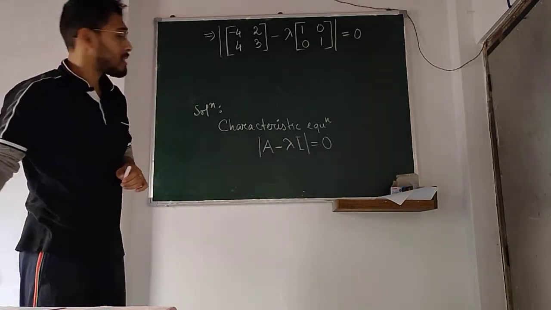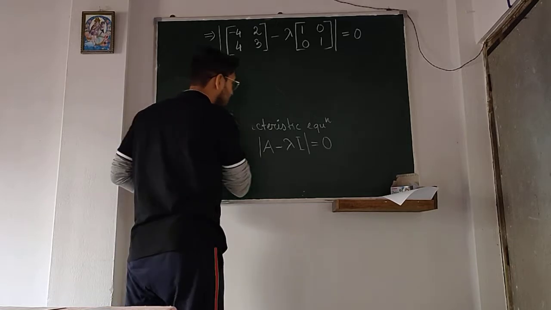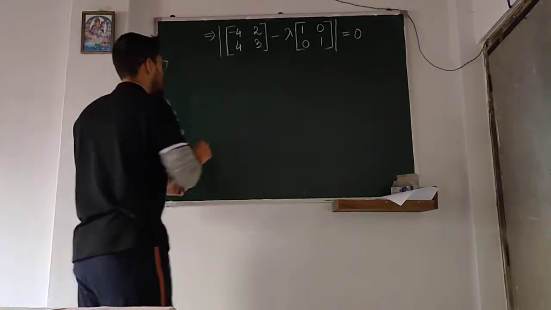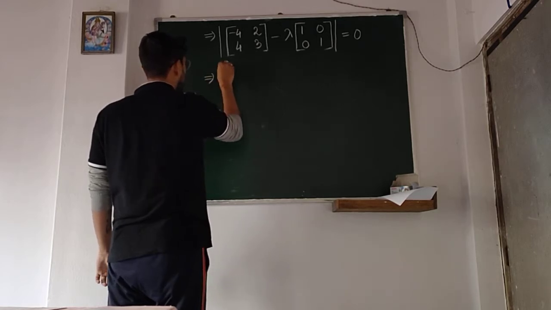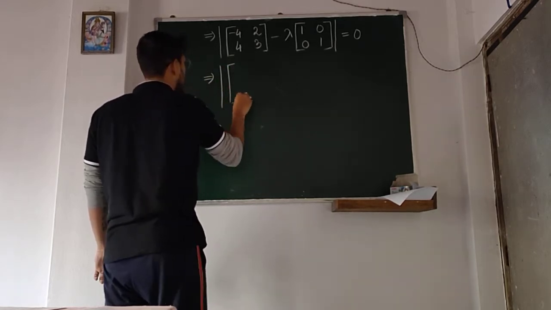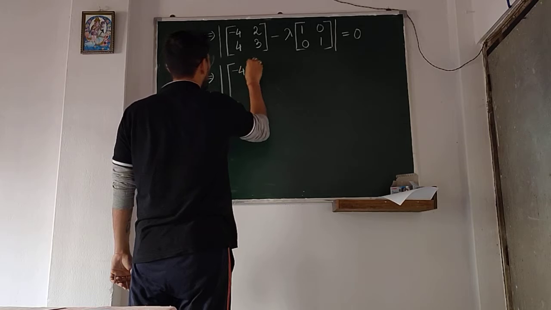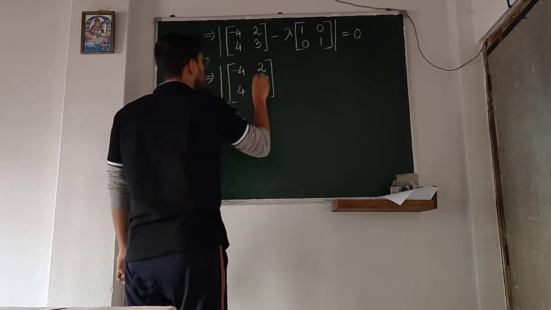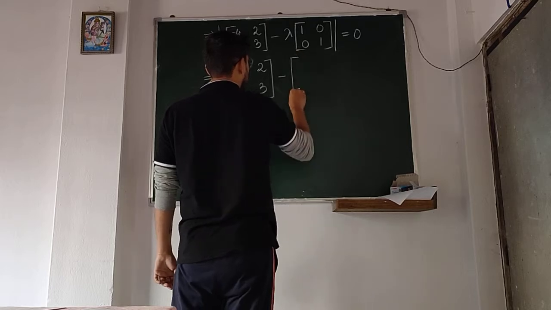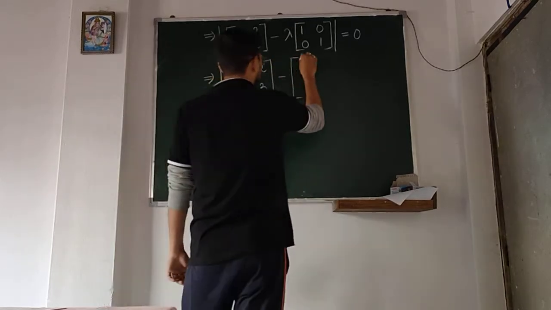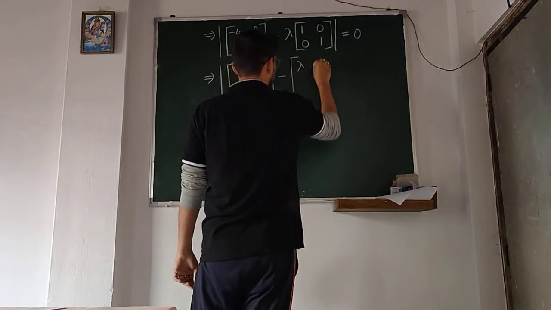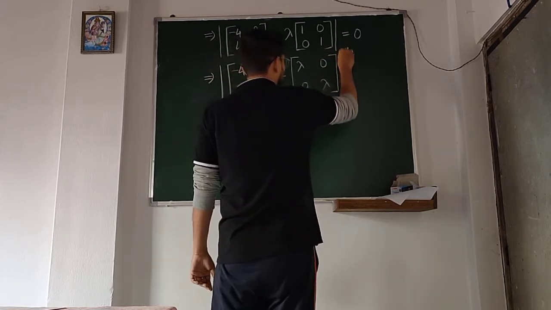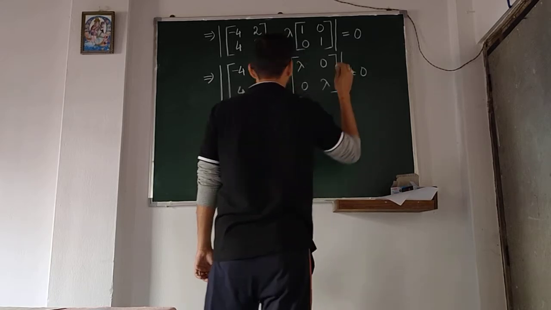Now we are going to proceed with this particular format so that we can find out the value of lambda. So the first one, [-4, 2; 4, 3], minus, now we can put the lambda inside the matrix, so it will be [lambda, 0; 0, lambda]. So in total we are getting 0.